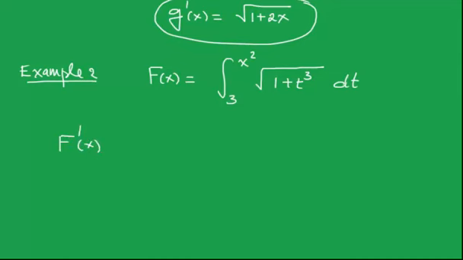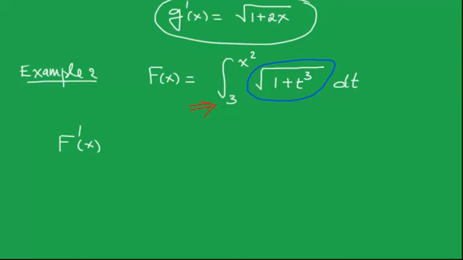So how do we proceed? You take the function that's inside, and the good thing about the fundamental theorem of calculus part 1 is we don't have to find any antiderivative. So the function is there, square root of 1 plus t cubed. But first of all, before we even do that, we have to make sure that the number is the lower limit, which it is the case here. So we don't have anything to do in that regard.